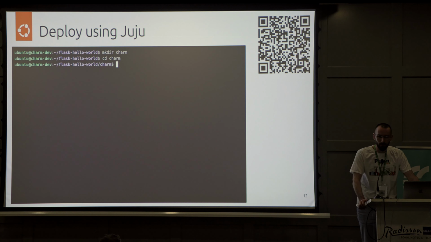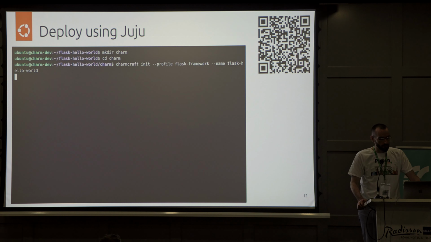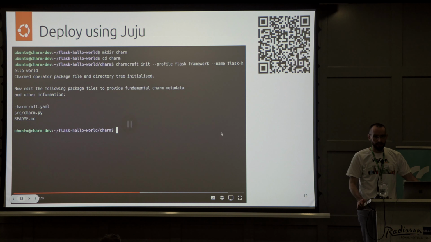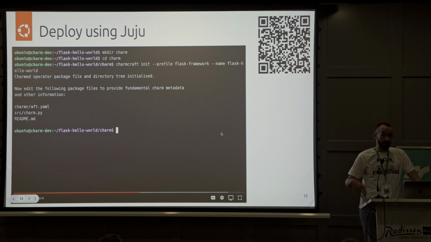So now we move on to creating the operational code. We just run the init command, which will put in place the scaffolding that you need for the operational code. We have done all of that work for you.